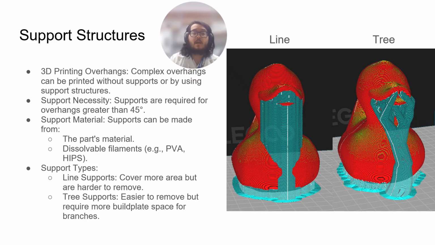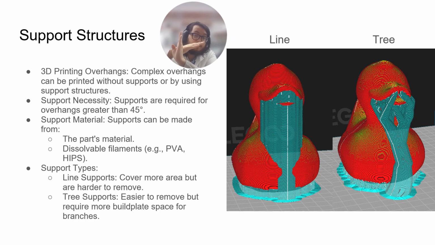As I mentioned, complex overhangs in 3D printing can't really be printed without supports. I mean, you can sometimes print overhangs, but typically problems start with overhangs at an angle greater than 45 degrees. For example, you have 45 degrees here.